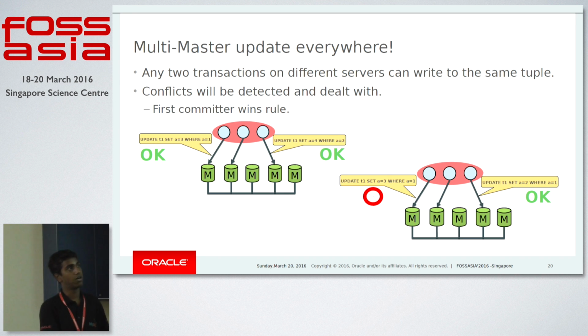Yes. So in this particular example, I'm updating table T1 by setting A equal to 3 where A equals 1 on node 1, and we update table T1 by setting A equal to 2 where A equals 1 on node 2.